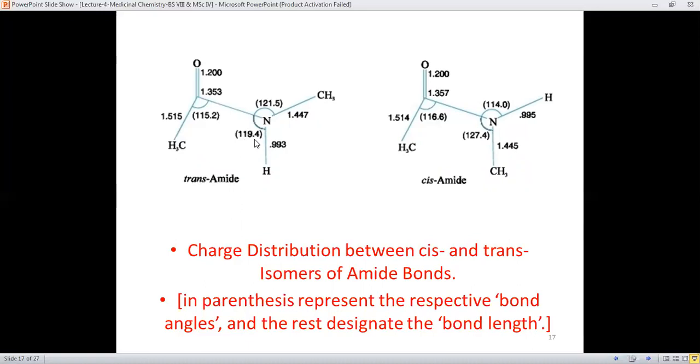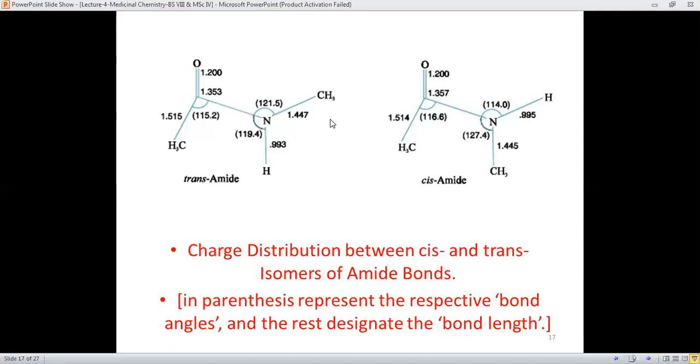And yes, this angle around this bond is also changed, and look, the bond lengths are not the same in the trans and the cis form.